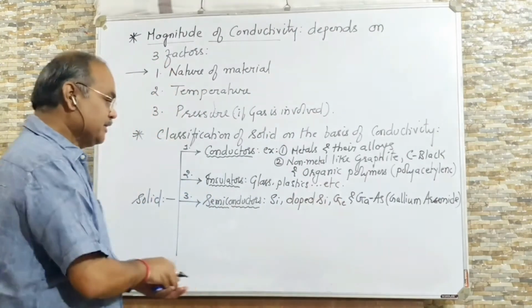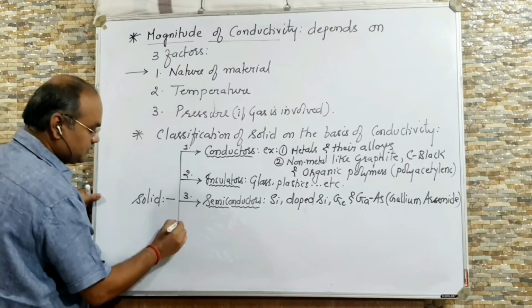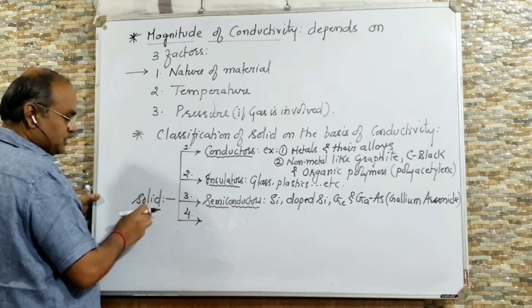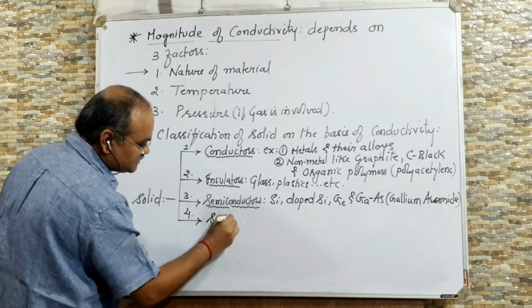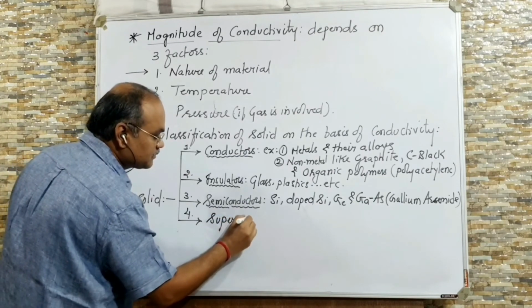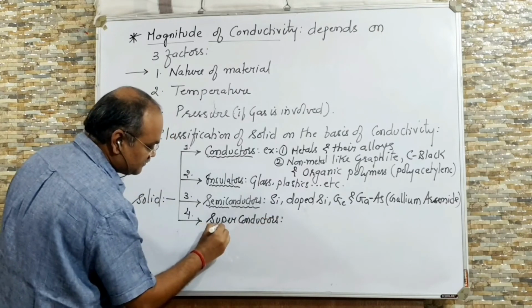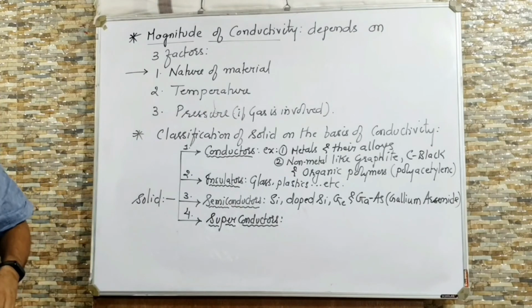Now the fourth point, I don't know whether you have studied it in physics or not. The fourth type of solid substance based on conductivity is superconductors. Now what are superconductors?